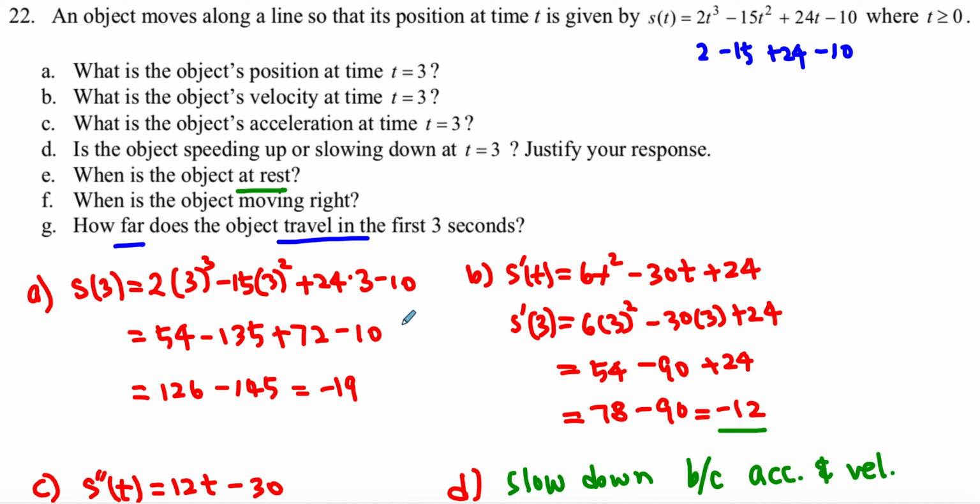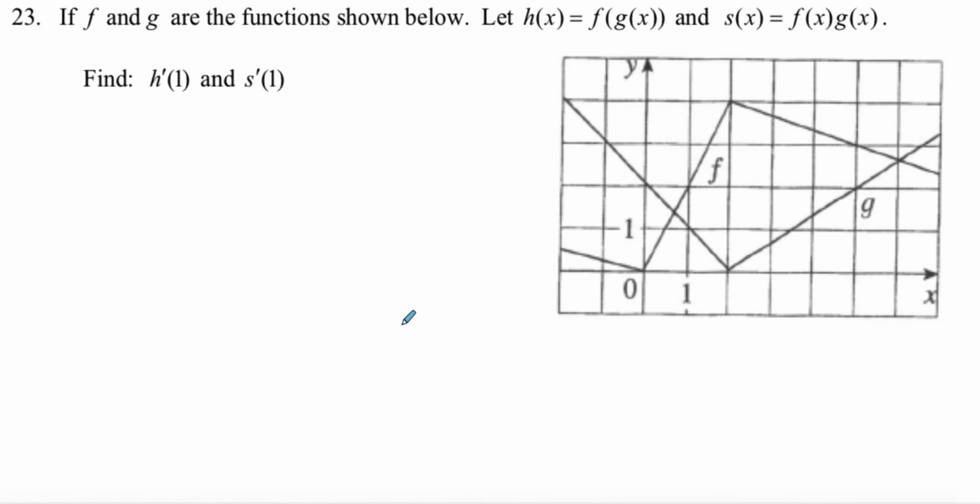Alrighty, let's move on to the next question, number 23. We know that h of x is given in this way, and s of x is given in this way. They want us to find h prime of 1. In order to do this, we have to use the chain rule. Then h prime of x is f prime, because it's the outer layer, keeping the inside alone.